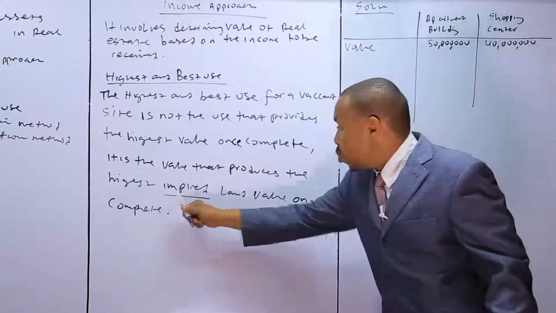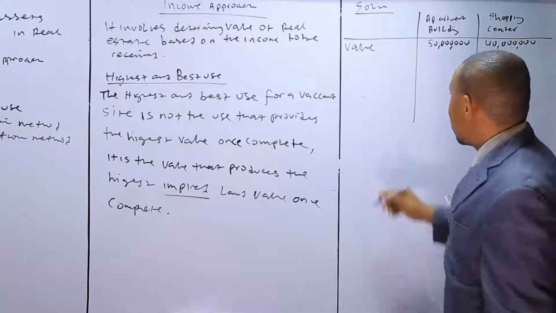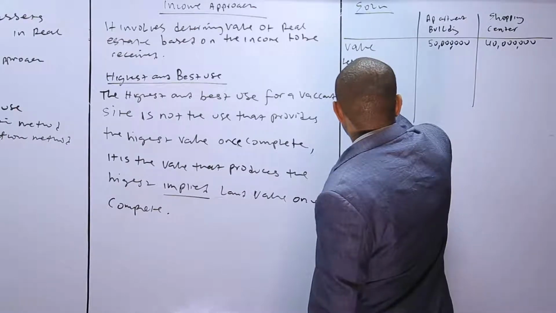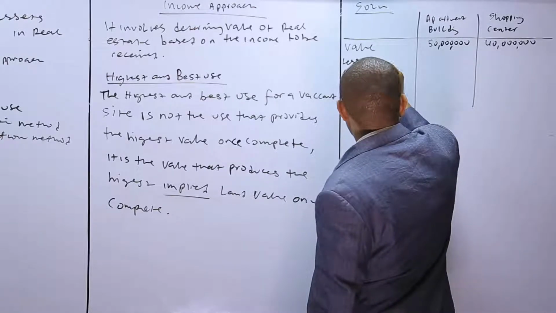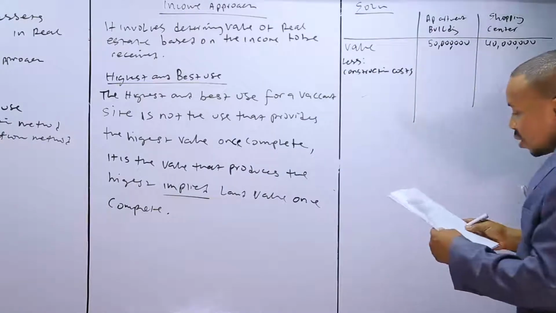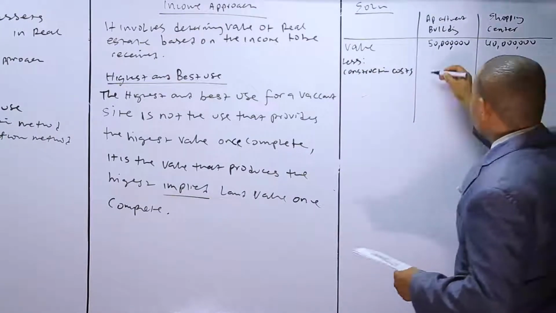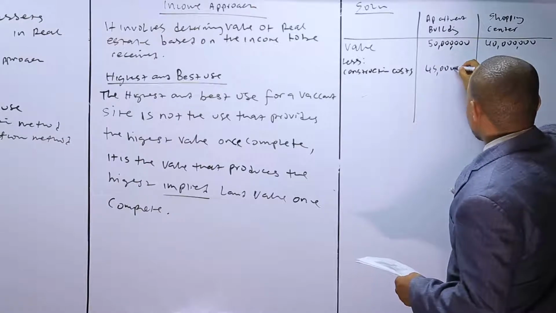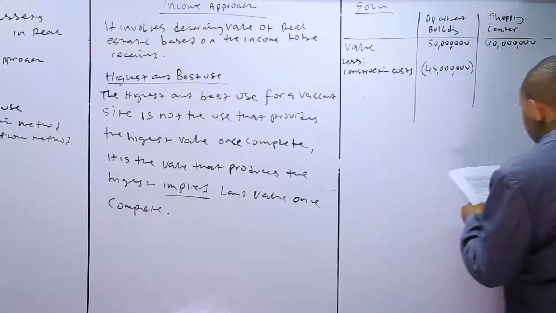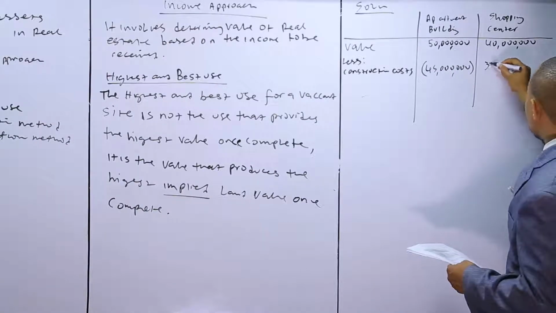That is what we are saying, we need to get the implied value. So less construction costs. We have been told that the apartment building will require 45 million and the shopping center will require 34 million.